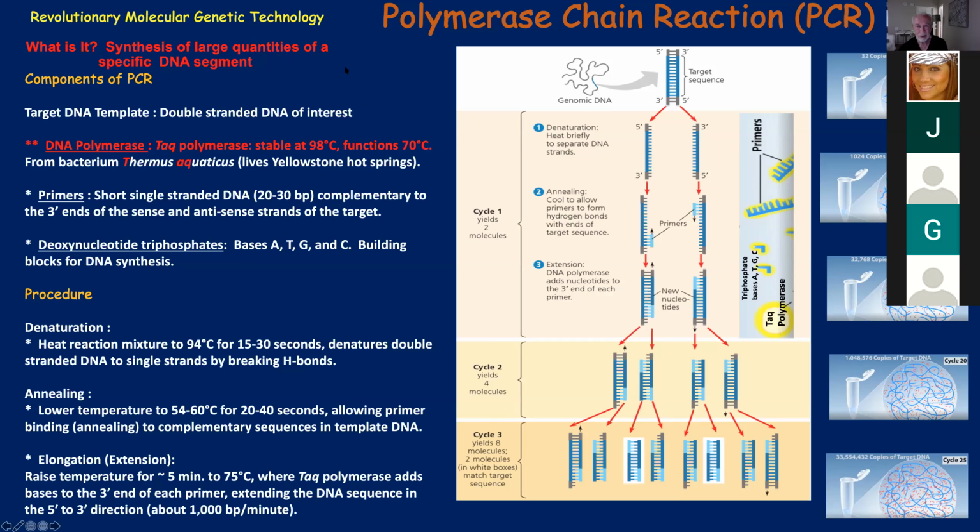Prior to PCR, the only way to make large amounts of DNA was to grow it up in E. coli cells, harvest the cells, and extract the DNA. This can all be done in a test tube.